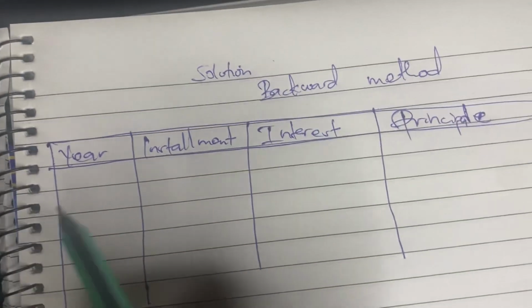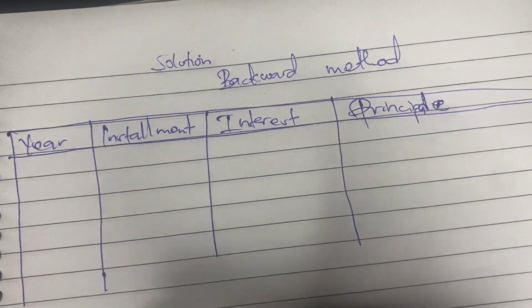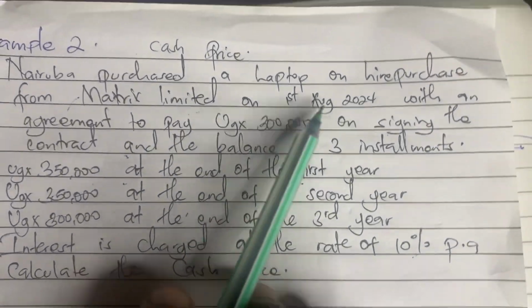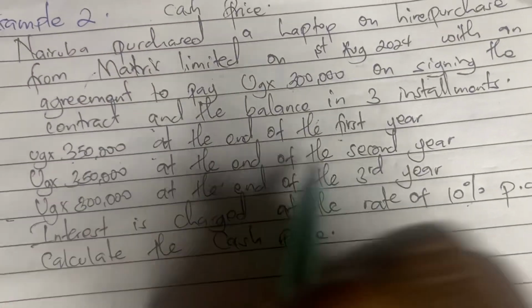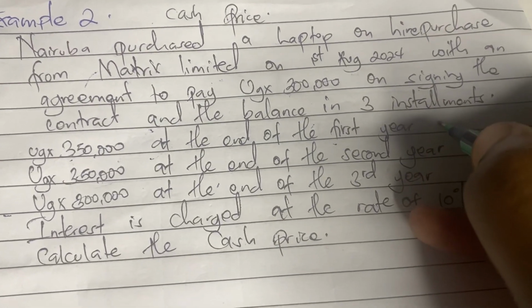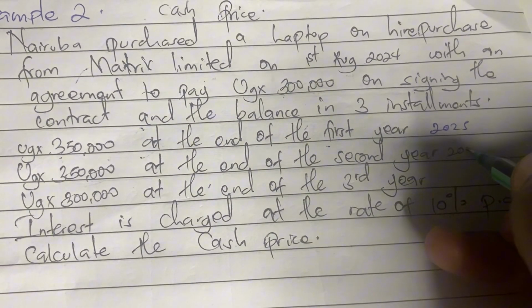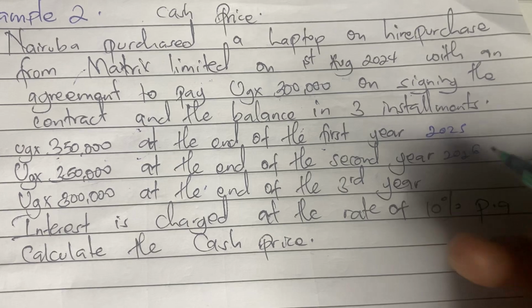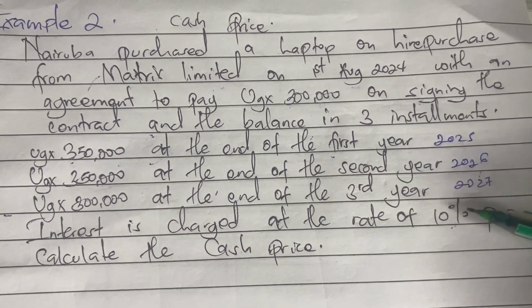So we use the backward method in that we start with the last year. So the down payment was paid in 2024, meaning another installment will be paid in 2025, then 2026, then 2027, like that.